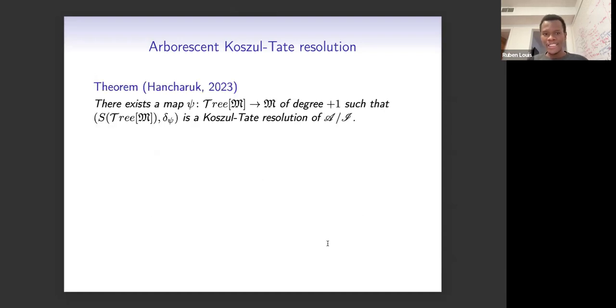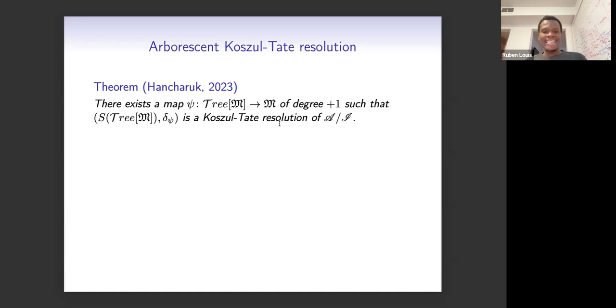But there's a theorem of Sharuk, whom I call Sasha, in 2023, from his PhD. It says you can always find a map psi of degree +1, so that this pair, the symmetric algebra of the graded tree by M, is a causal Tate solution.